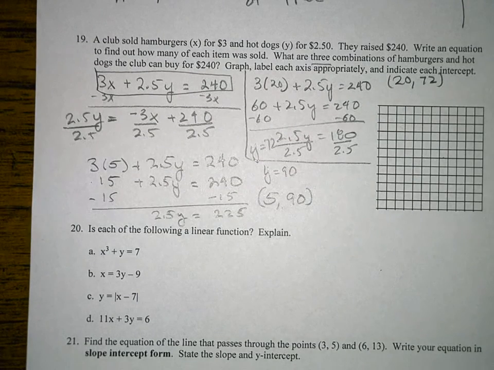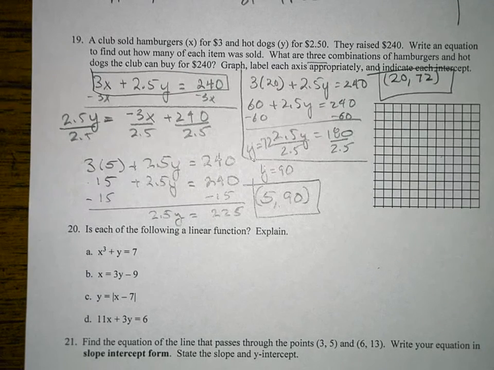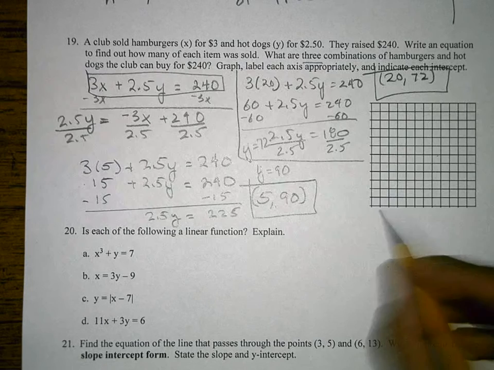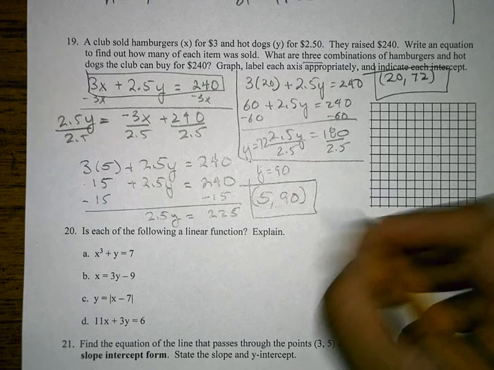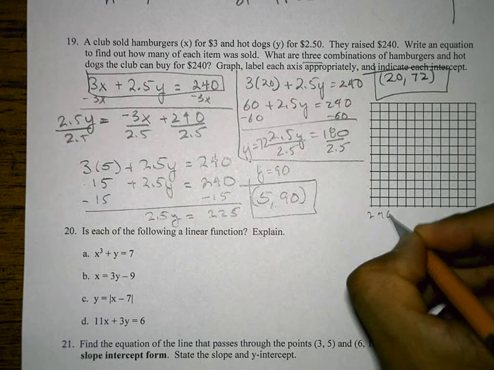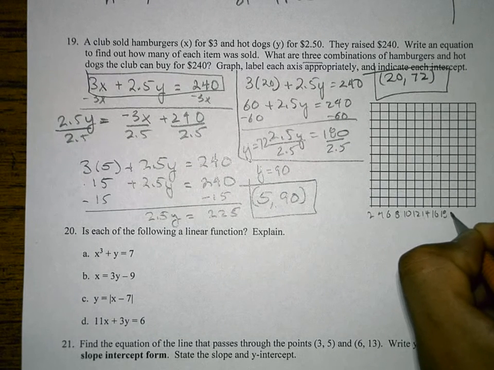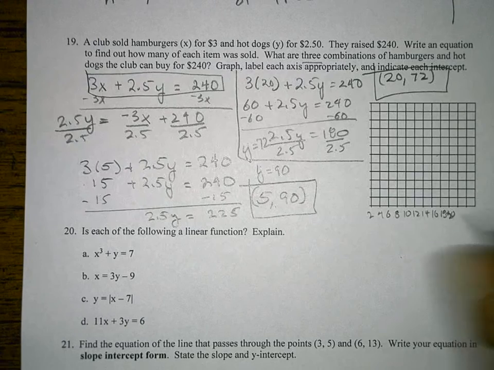Okay. So here's, if I plotted these 2 points, I could come up with a graph. What I'm going to do is make these worth, down here, see, I got to get up to 20, so I'll make them worth 2s: 2, 4, 6, 8, 10, 12, 14, 16, 18, 20.